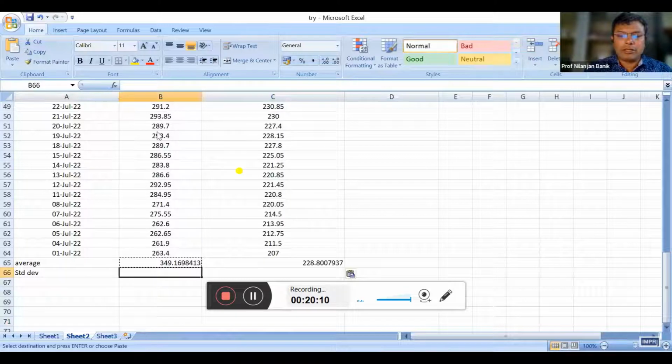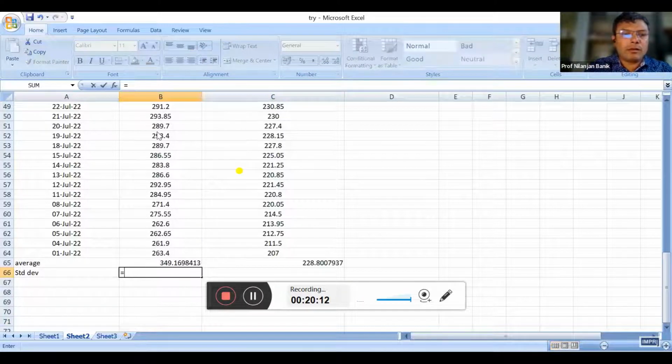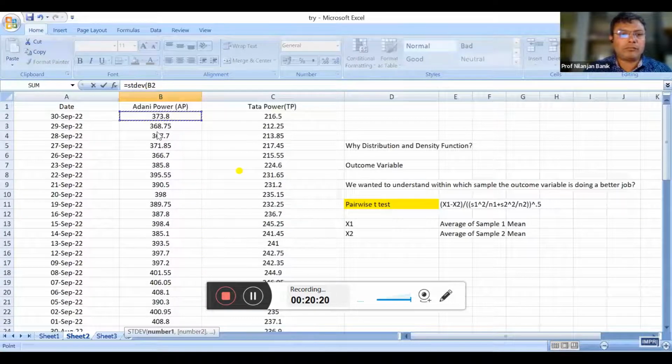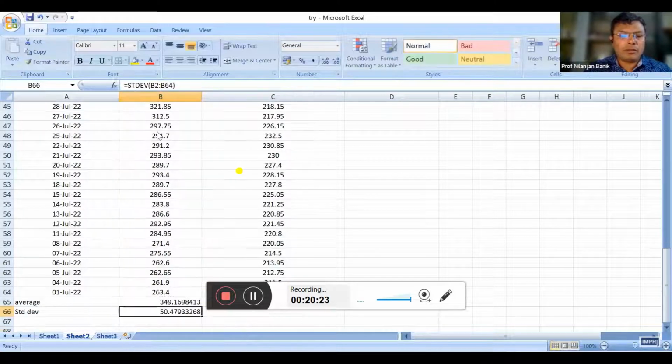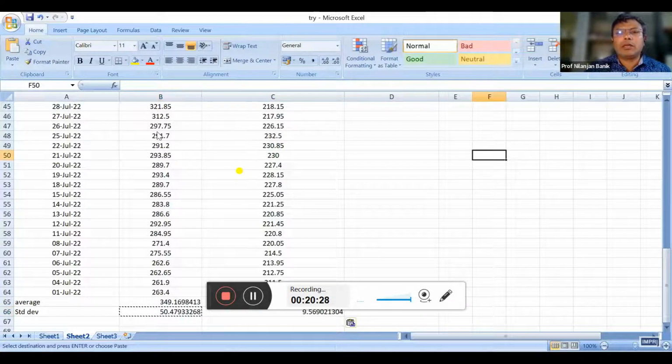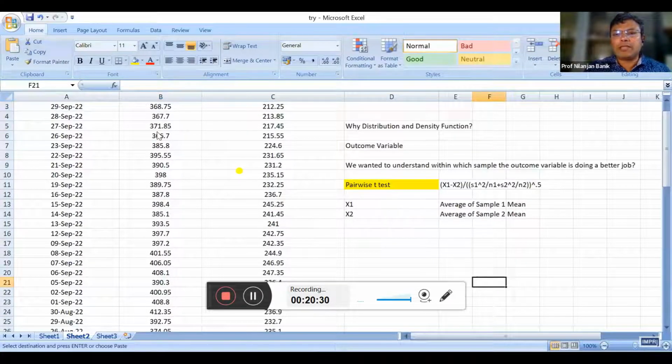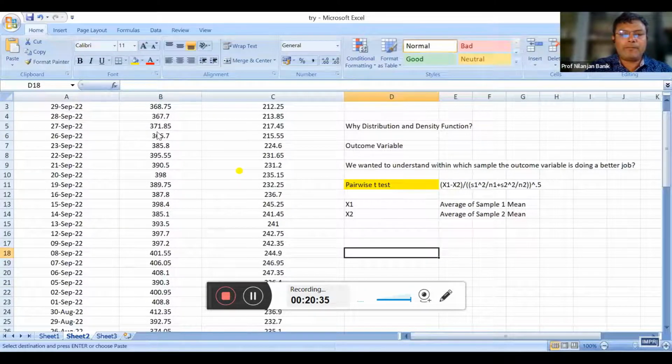So please use this standard diff, and this is my standard deviation. Okay, now let's try to do the t-test. T-test is basically saying x1 minus x2. Okay, so first let's try to derive x1 plus x2. This is equal to how much?